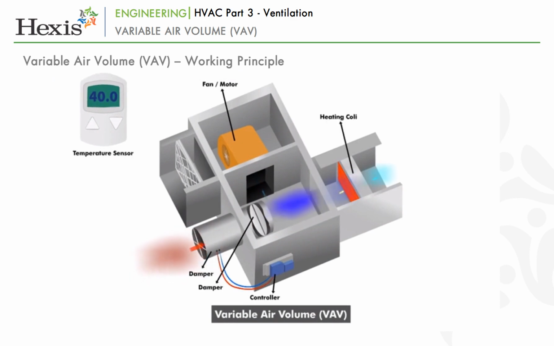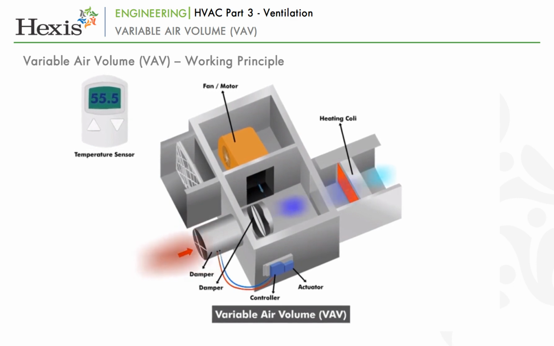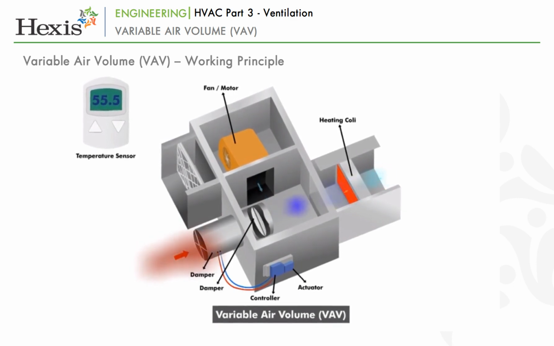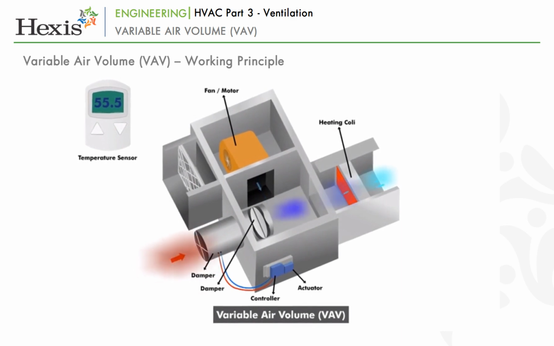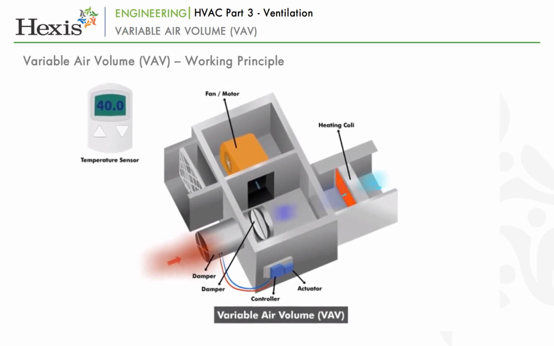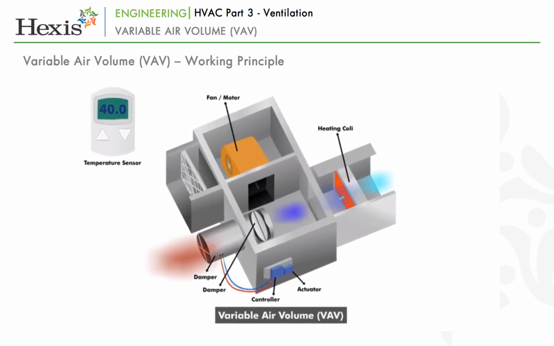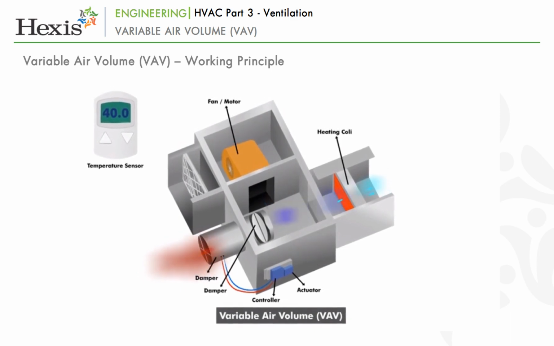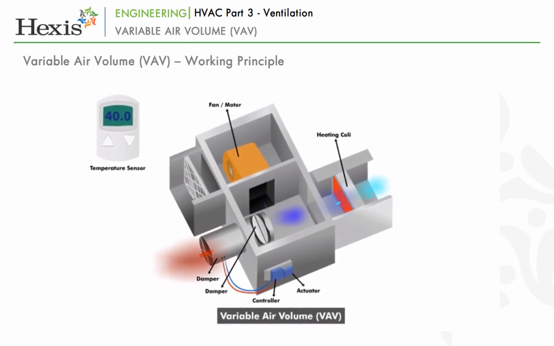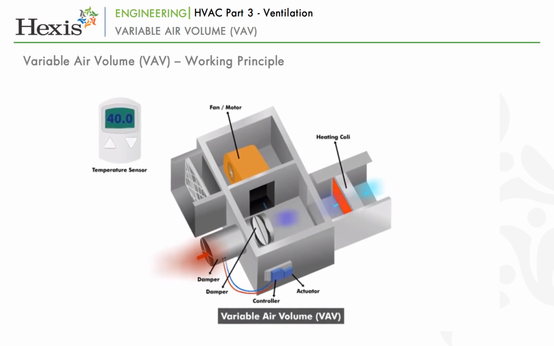If the room is at the temperature set point, the damper in the VAV closes to minimum airflow. As room temperature rises above set point, the VAV controller opens the damper to introduce the cool supply air into the room, which returns the temperature to set point. The exact position of the damper varies between minimum airflow and maximum airflow as the requirements for cooling in the room change.